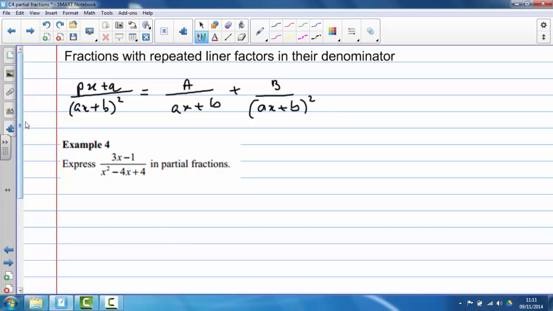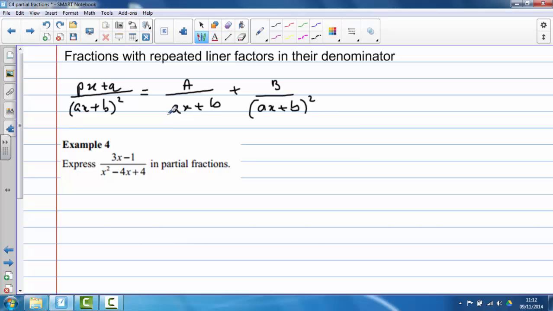Let's now look at the case where we've got a repeated linear root, so ax plus b squared. The way this carries on, it follows a pattern where you've got ax plus b to the power 1 and then ax plus b squared. At the top you've got coefficients.